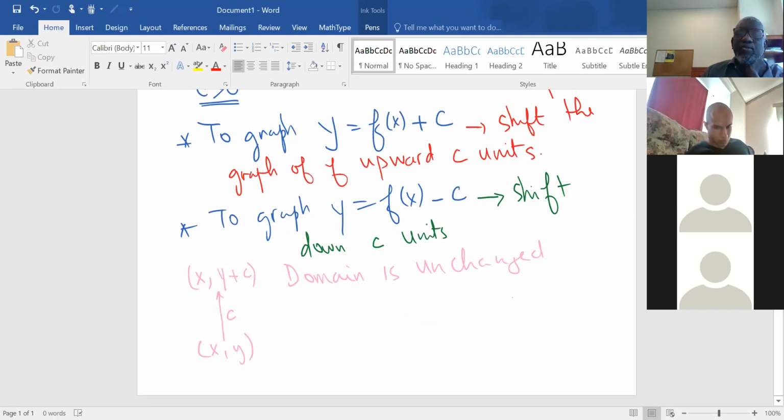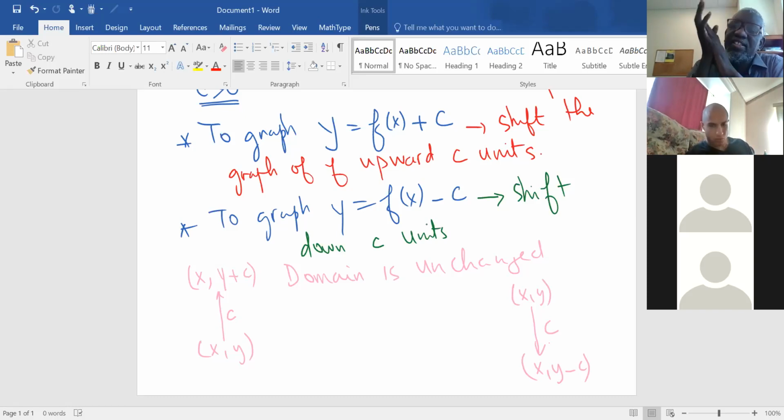If you have the point x, y like this, and you move it down c units, the x doesn't change, the y becomes y minus c, right? The domain doesn't change, the range could change.